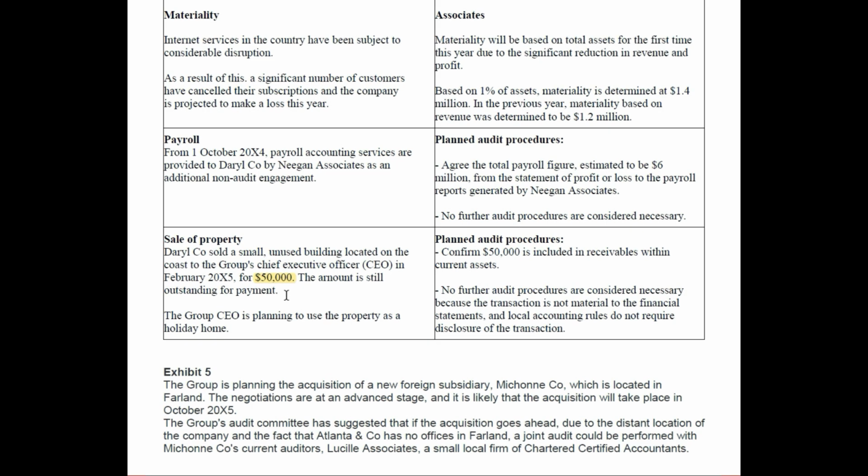Now, one thing which we discussed earlier was that we would have to look at the non-current assets register to check the carrying amount of the property in that, right? Right, so let us draft our point based on this one.